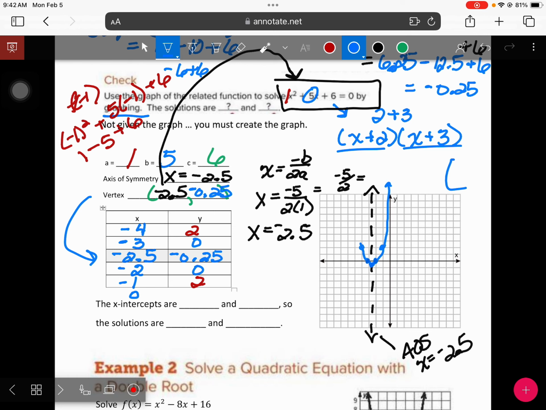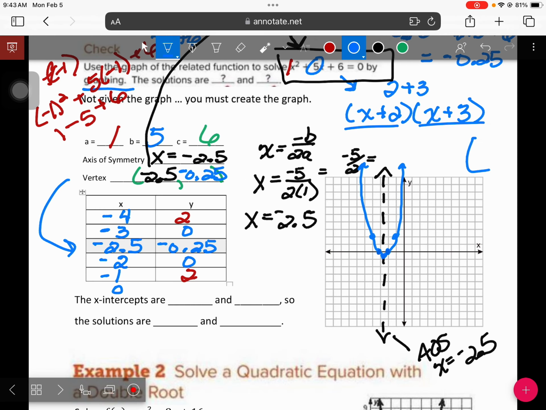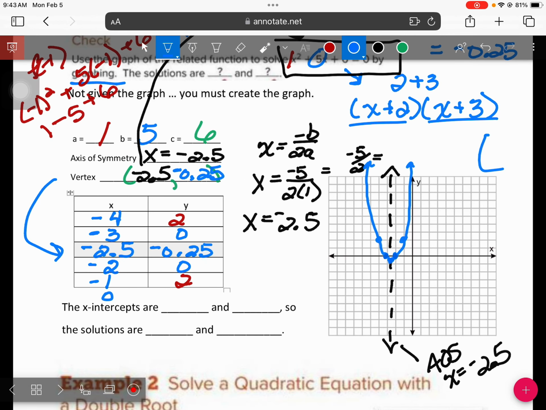They're going to go up. Okay? So the x-intercepts are what here? They are where they cross the x-axis. That's right here. Negative 3, 0, and negative 2. So negative 2 and negative 3. So my solutions are going to be negative 2 and negative 3.